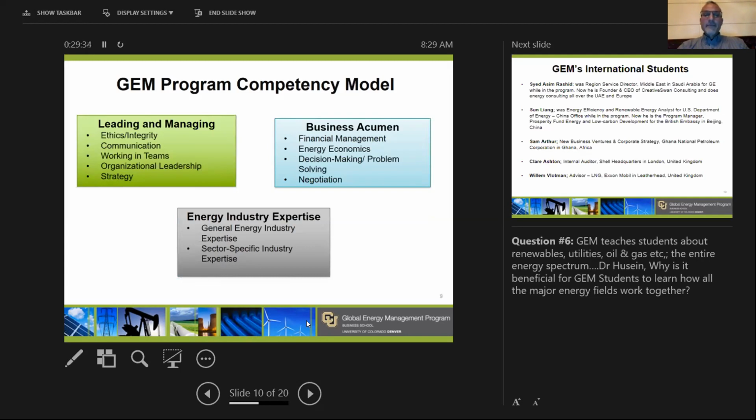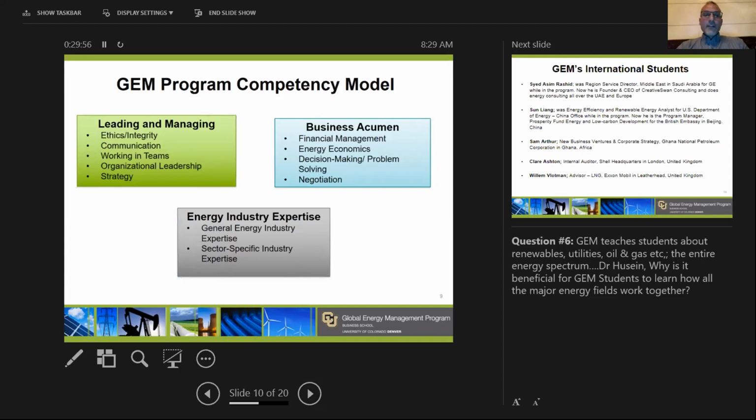And on that note, since GEM does teach about the renewables, utilities, oil and gas, the entire energy spectrum, Dr. Hussein, I was hoping you could elaborate on why it's beneficial for GEM students to learn how all the major energy fields work together versus just concentrating on one specific sector that they may be in.